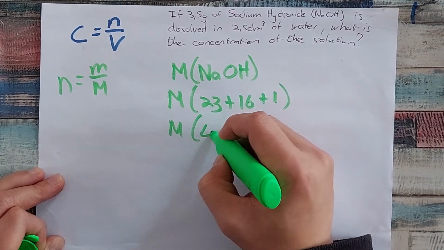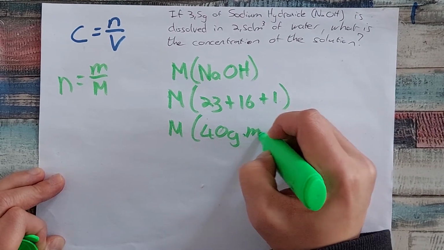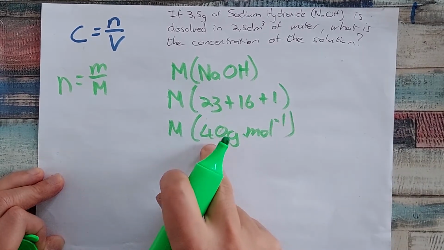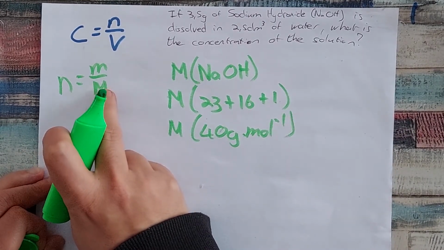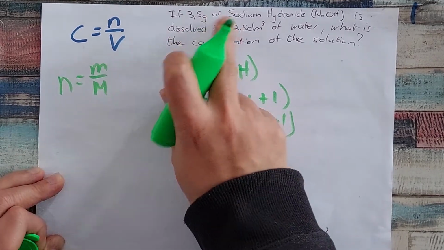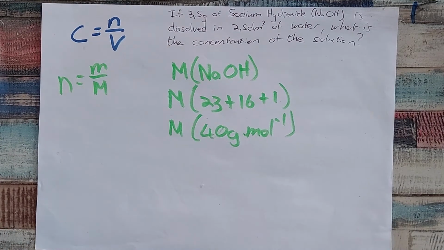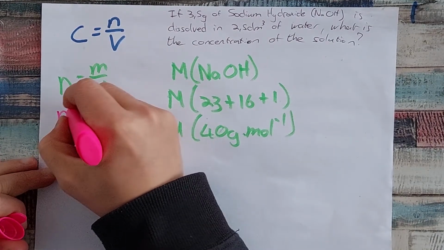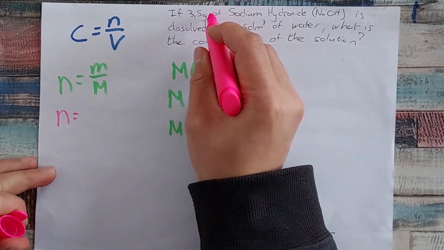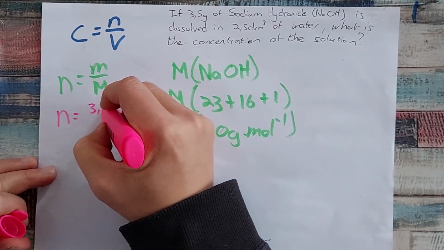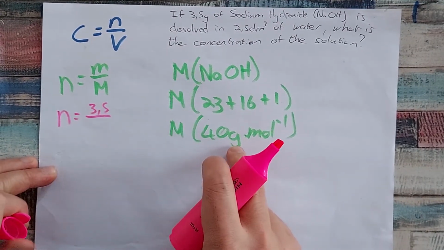Yeah, 40. Right, so I've got 40 g/mol over here. This 40, you're going to substitute into this formula. I've already been given a mass for my sodium hydroxide. So n is equal to 3,5, that is my grams, over my 40.